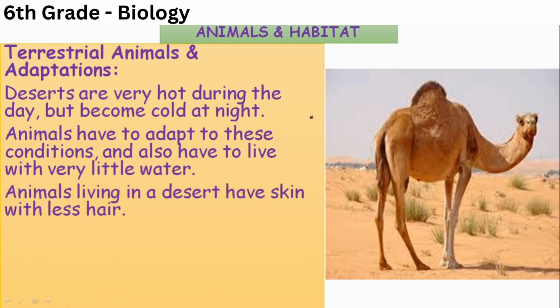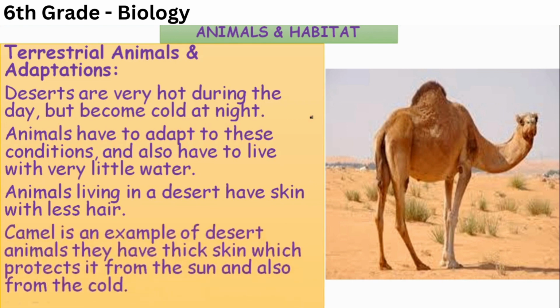Animals living in a desert have skin with less hair. Best example, camel. Camel is an example of the desert animals. They have thick skin which protects it from the sun and also from the cold. The camel is called the ship of the desert.